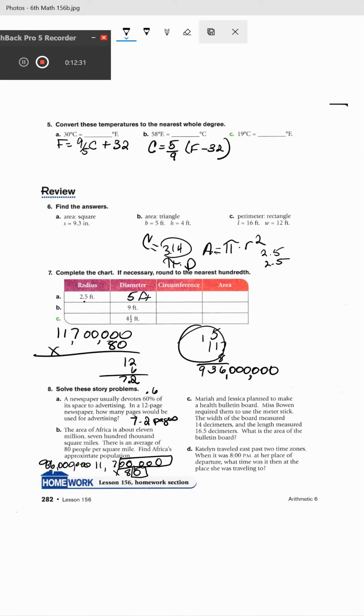I'm guessing they want us to convert these to meters first. Well, let's just figure out the area and then we'll convert it to meters, okay? So here's the width and here's the length. We'll do 16.5 times the 14, and this is all in decimeters.